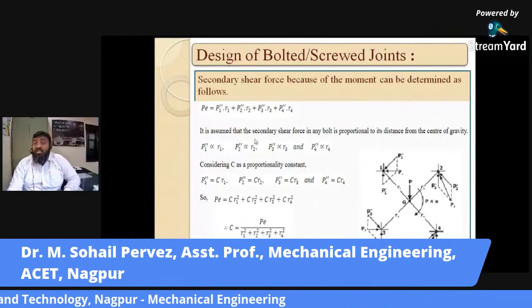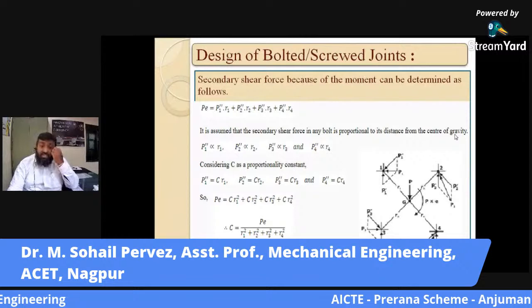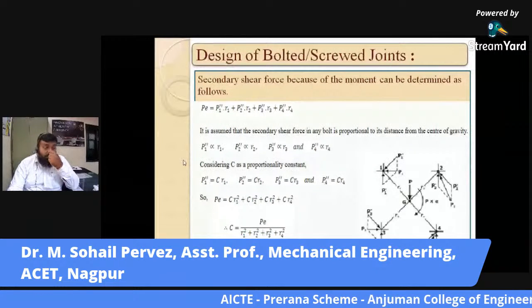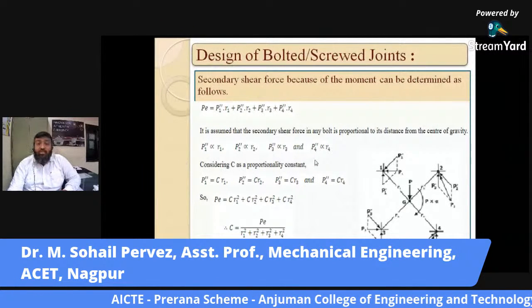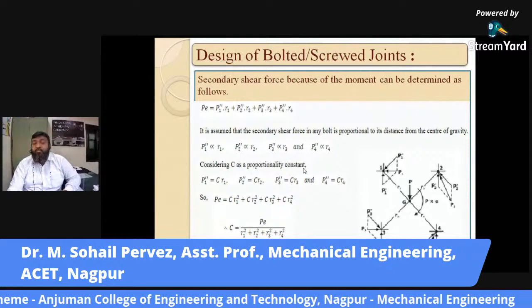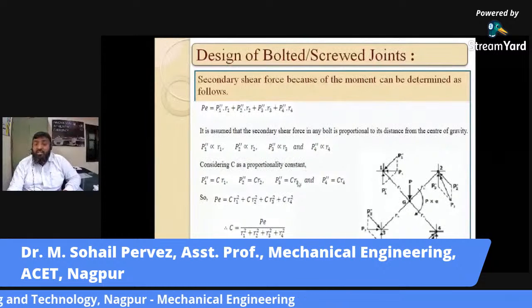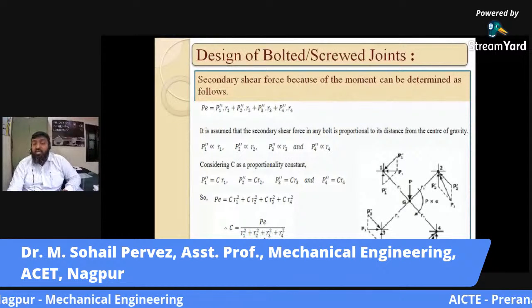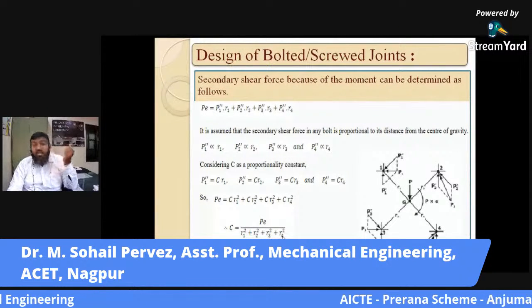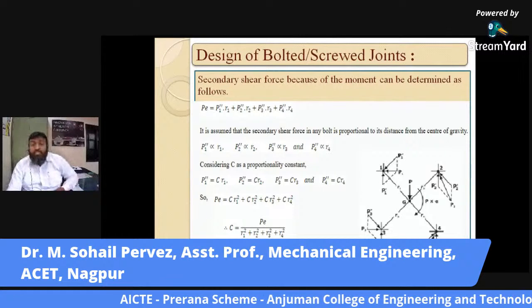It is assumed that the secondary shear force in any bolt is proportional to its distance from the center of gravity. So in proportion we have written all these 4. Now, considering C as the proportionality constant, that factor is P into e upon R1 square plus R2 square plus R3 square plus R4 square. You can directly take this formula in this fashion.